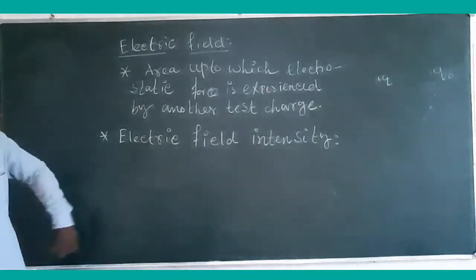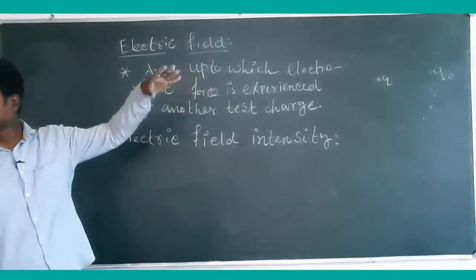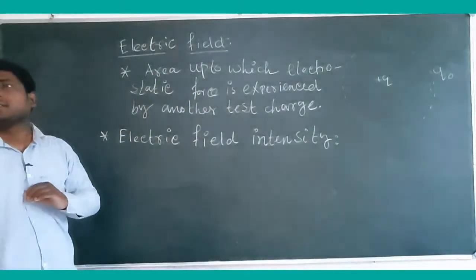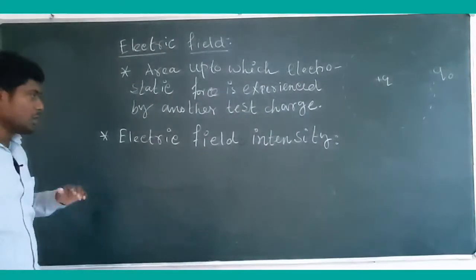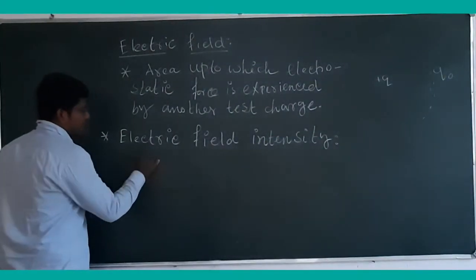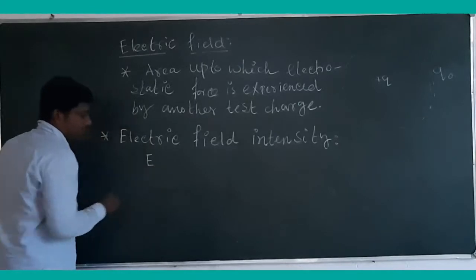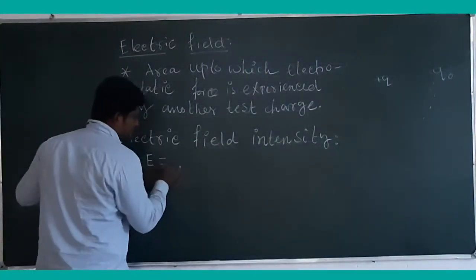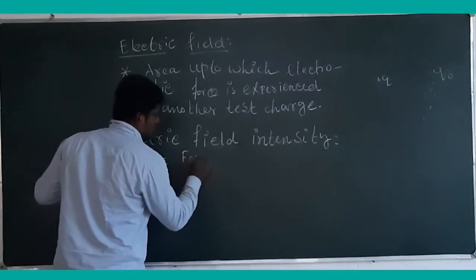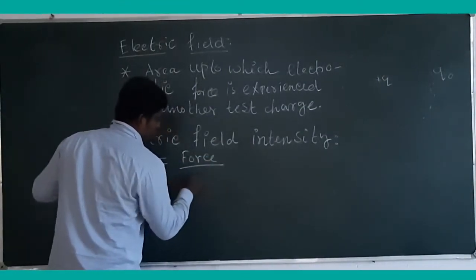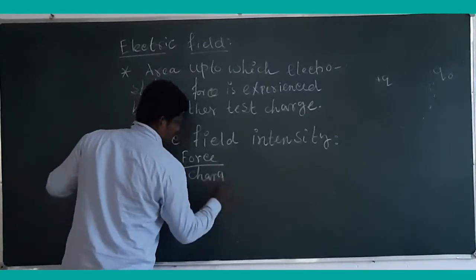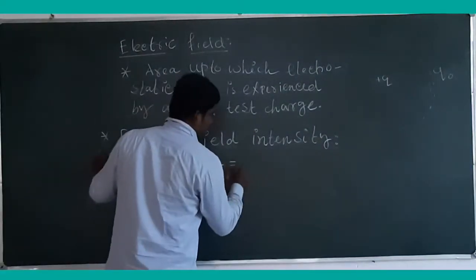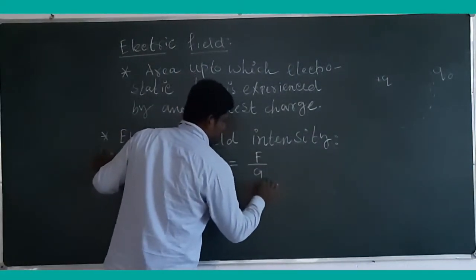If you consider the test charge as of unit magnitude, then the force experienced by that test charge will be called electric field intensity. So this electric field intensity is expressed in terms of capital E, and this capital E is nothing but force per unit charge. That is, this can be expressed as F by Q.